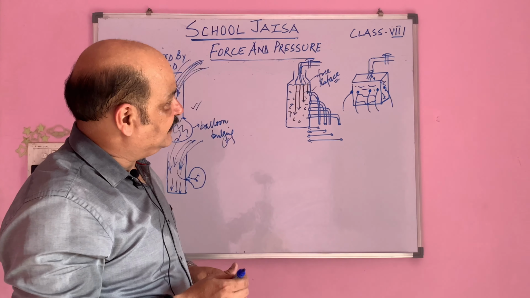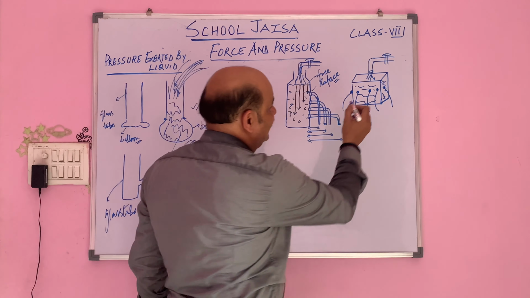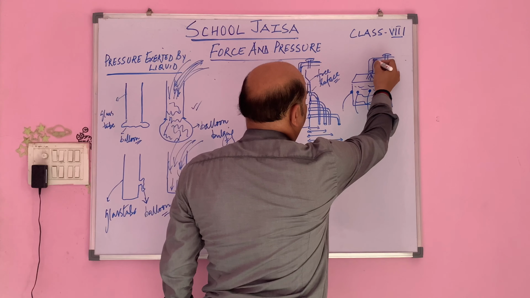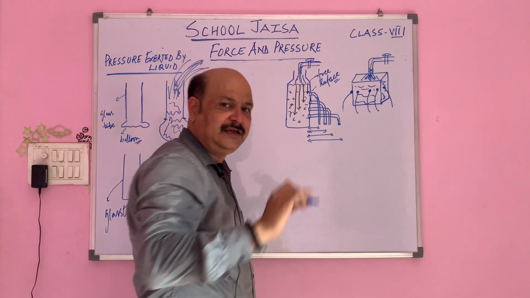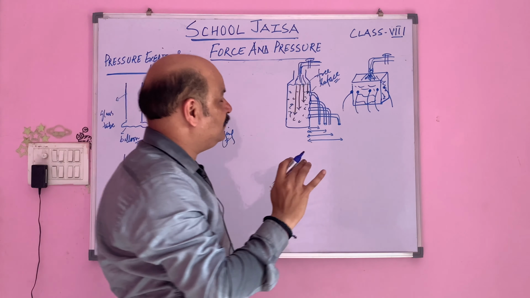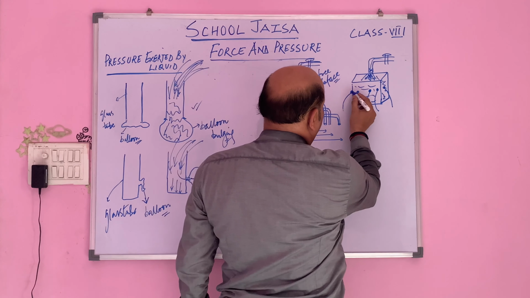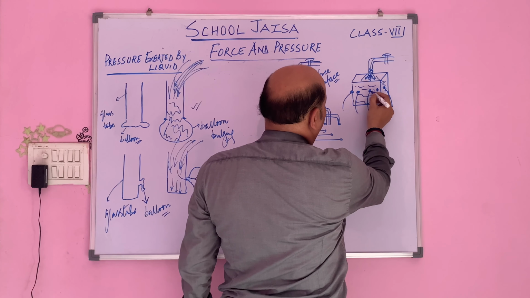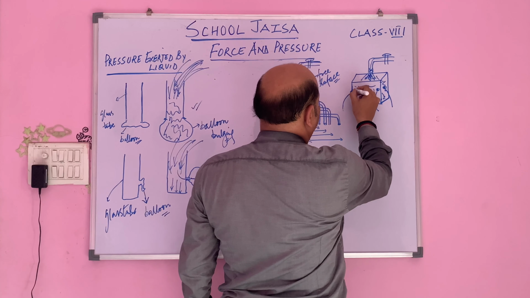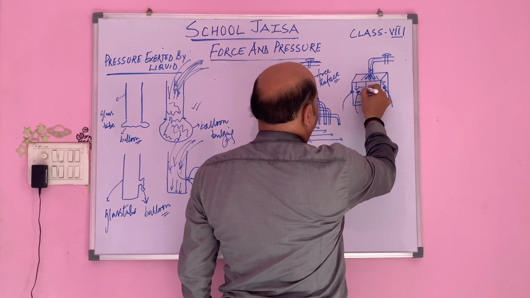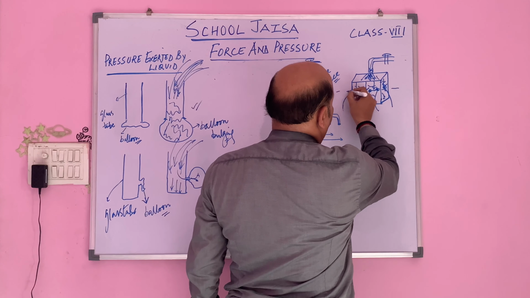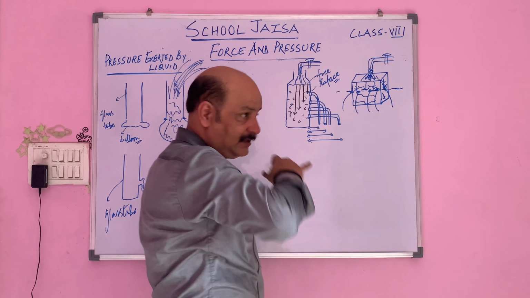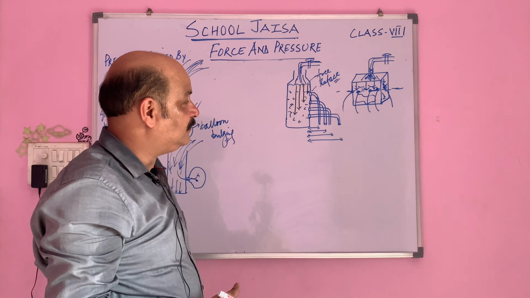Now we take another example. Let us take a container in which again we allow the water to be filled continuously. The tap was open, but here I made the holes at the same height. That means this distance, this distance, this distance, this distance, all were the same from the free surface, that is, the top surface of the liquid.